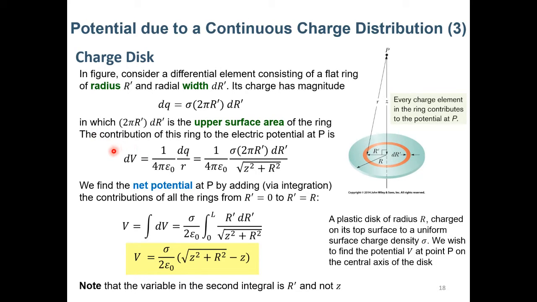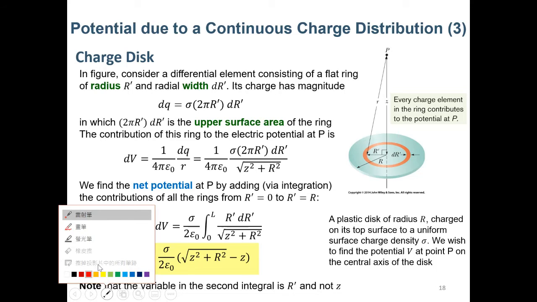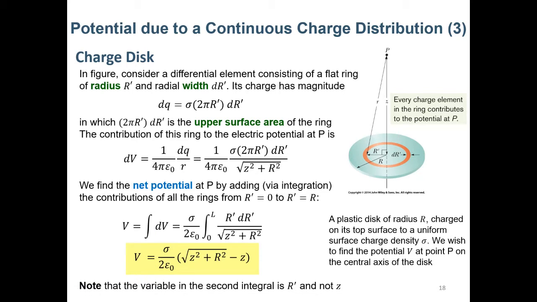So we can calculate dV is k dq over r, and dq is this one. So we have sigma 2 pi r prime dr prime, and r, using the Pythagorean theorem, is the square root of r prime squared plus c squared.